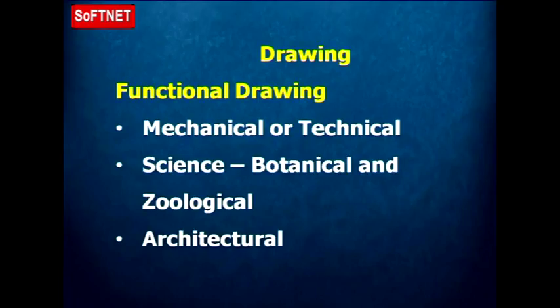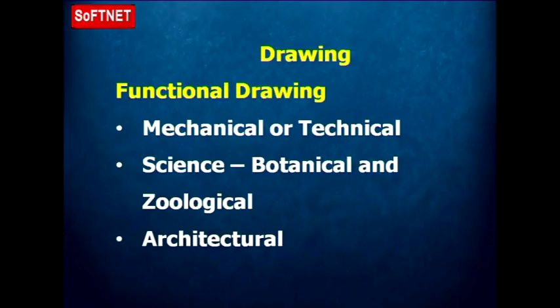So a fundamental division can be functional as well as non-functional or artistic function of drawing, right. So let us first look at the functional category, functional type of drawing.